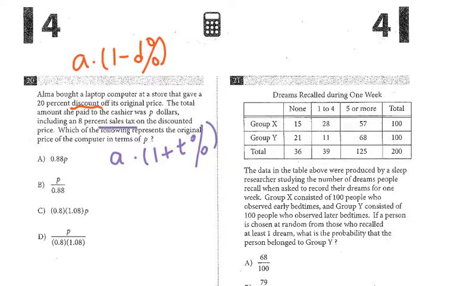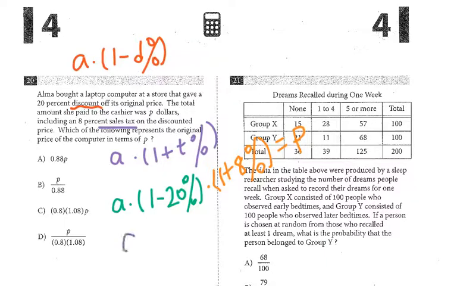Therefore, for this question, suppose the original price is A, then we do A times 1 minus 20%. Then you need to multiply the tax, that means 8% for tax. Altogether equals P.